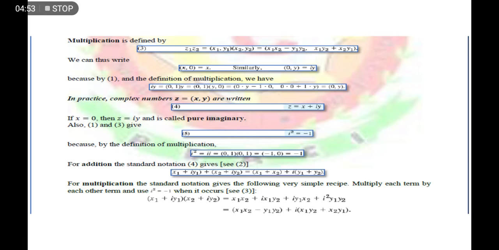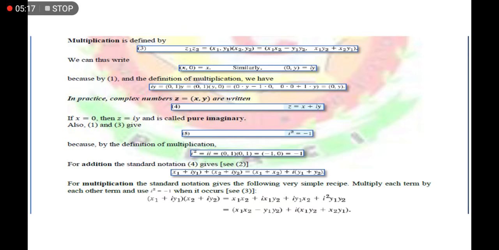If you multiply step by step, you will notice that the result is x1 x2 minus y1 y2 for the real numbers, and x1 y2 plus x2 y1 for the imaginary numbers.